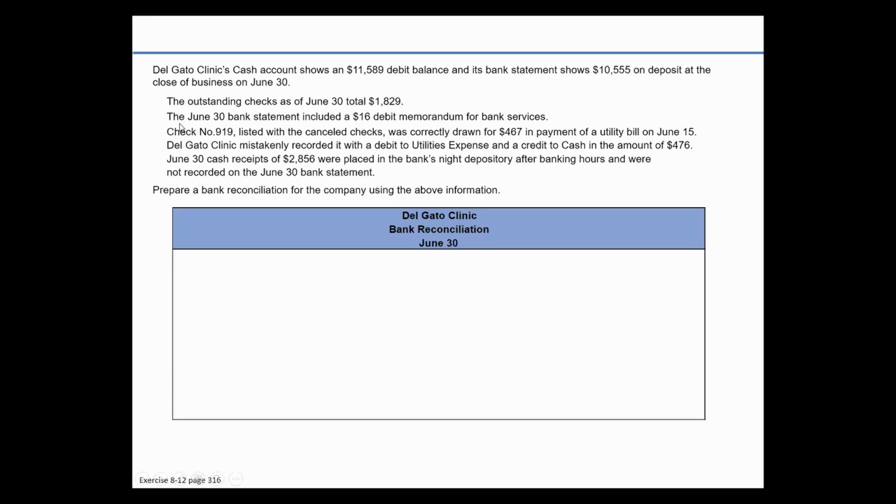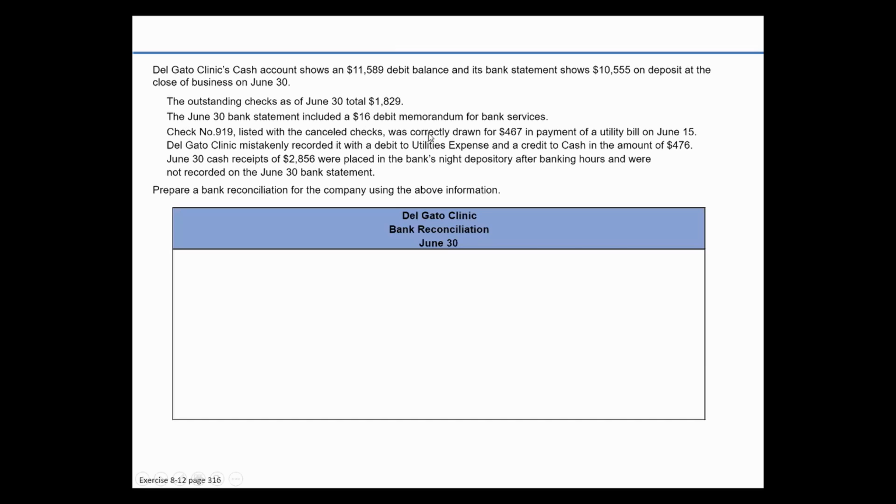And then we see here that the June the 30th bank statement included a debit memorandum of $16 for bank services. So there was a deduction made to the bank balance because of bank services. And then there was a check number 919 that was listed with the canceled checks.